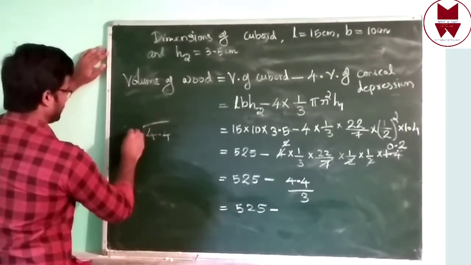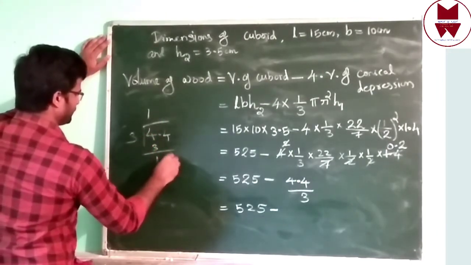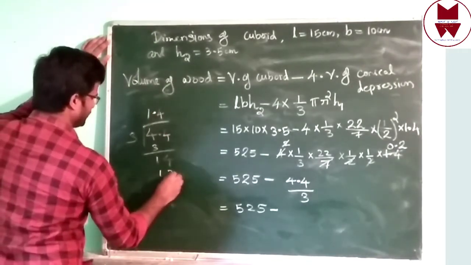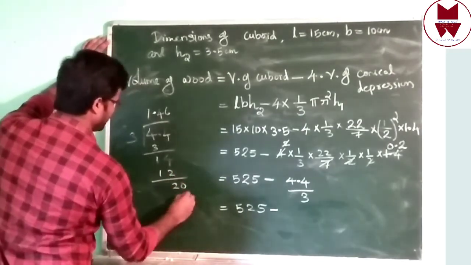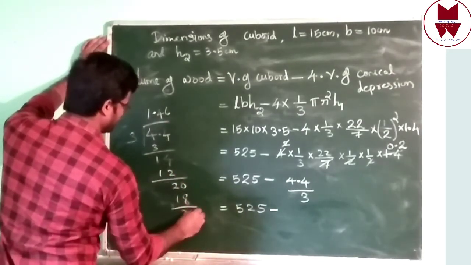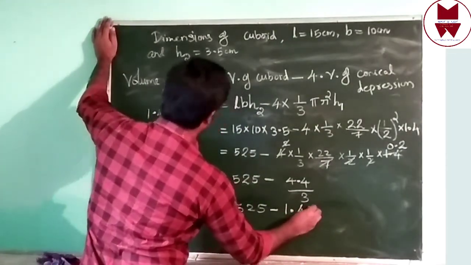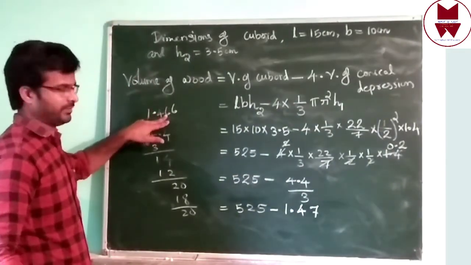Divide: 1, 3, 1, this point, right? In 14, 4 times 12, then 2, in 20, 6 times 18, again 2, 0, 6, 6. We can write 1.4666, like that, which we can write as 1.47. 6 becomes 7, extra 1.